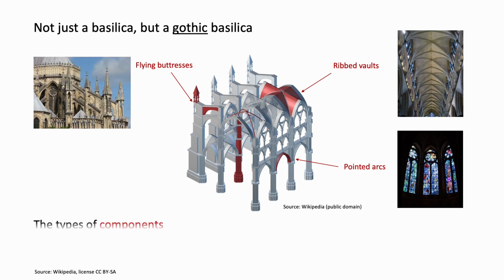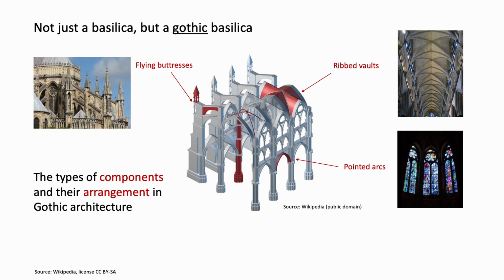So what is shown here in red are again the types of components typical of the architecture and their typical arrangement. And now, of course, the question is again, why? Why exactly like this and not differently? Why exactly these types of components in these specific arrangements? Even if some of them, such as the pinnacles, have only an aesthetic purpose, pointed arches, ribbed vaults and buttresses have a very special effect.